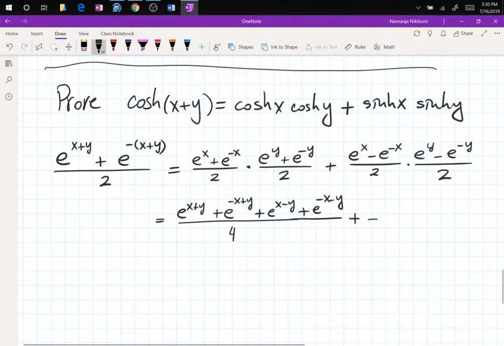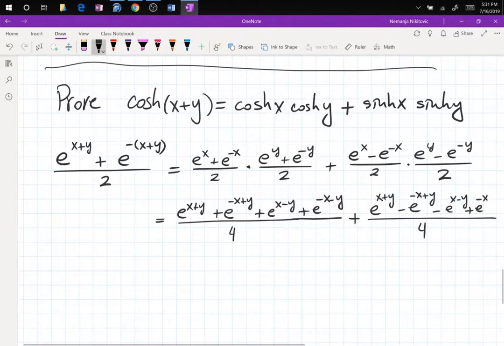Plus, and now I have the second one. Right, 2 times 2 is 4. And we do the same thing. So we have e to the x plus y minus e to the minus x plus y minus e to the x minus y, and finally plus e to the minus x minus y.